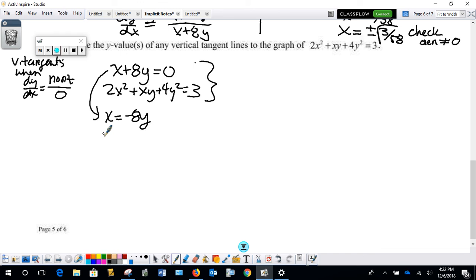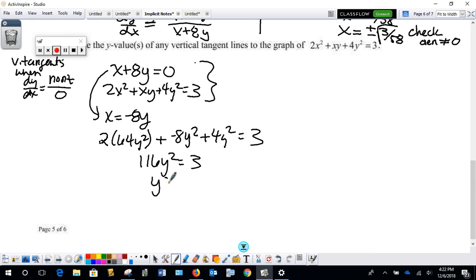And then substitute it into your equation, so it would be 2 times negative 8y squared, which would be 64y squared, plus negative 8y squared plus the 4y squared equals 3. Combine your like terms, so this is 128, 120, and 116. 116y squared equals 3.